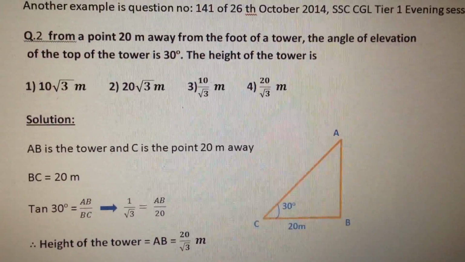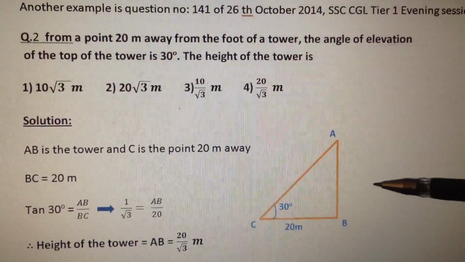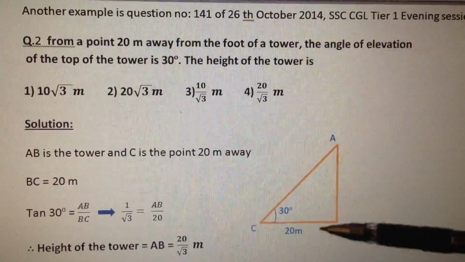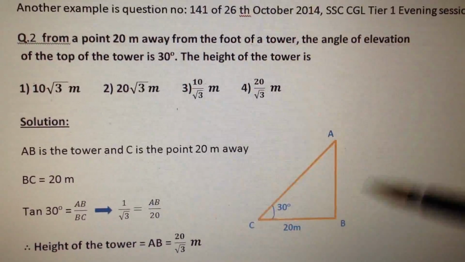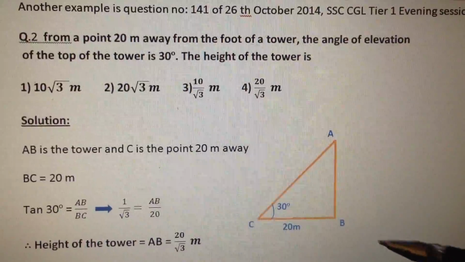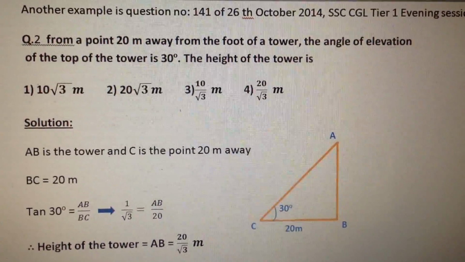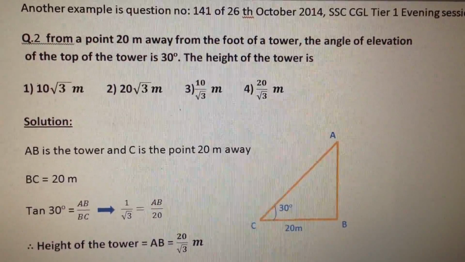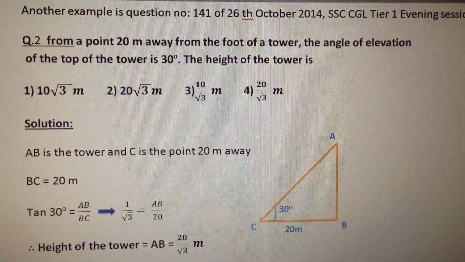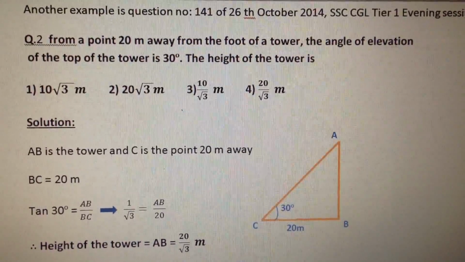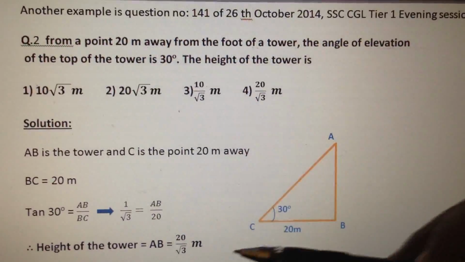Tan 30 is equal to perpendicular by base. This we know. Therefore, tan 30 is equal to AB by BC, and we know the value of tan 30, which is 1 by root 3. Therefore, 1 by root 3 is equal to AB by 20. Therefore, height of the tower AB is equal to 20 by root 3 meters.